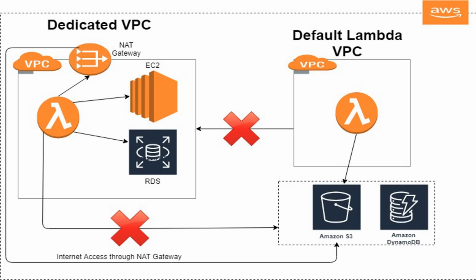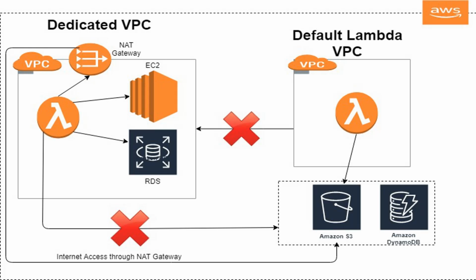Those resources run under a dedicated VPC. So the default VPC where you will be running will not have access to those VPCs, and there is no provision that you can make that connectivity work. So in those scenarios, you have to deploy your Lambda under a dedicated VPC, where you have the other resources which you want to access.